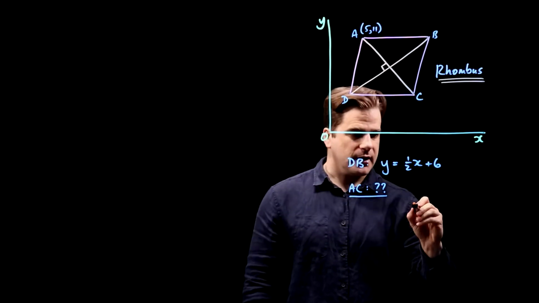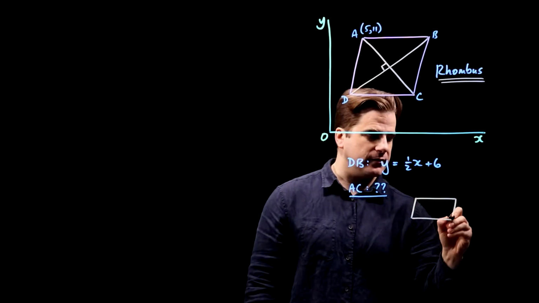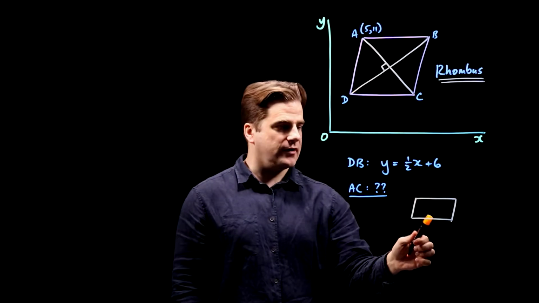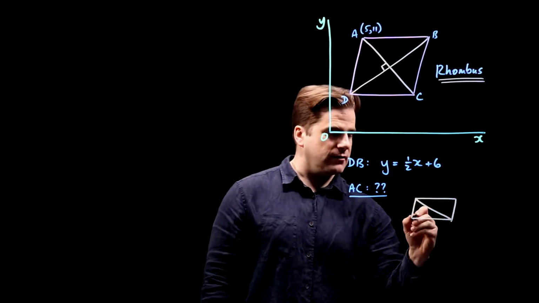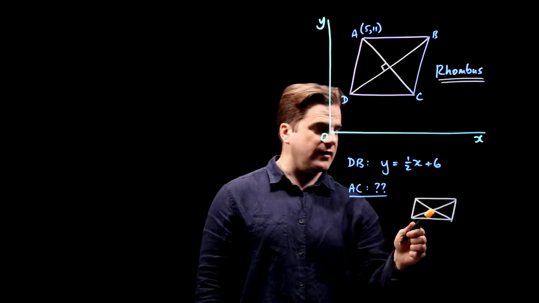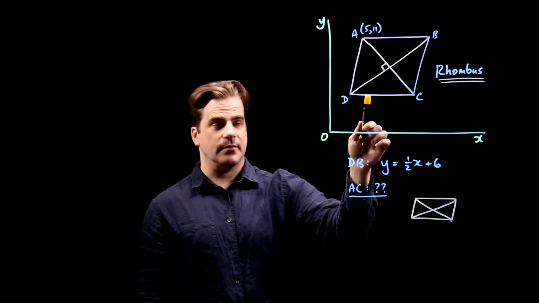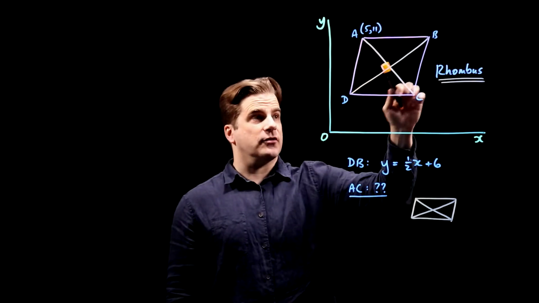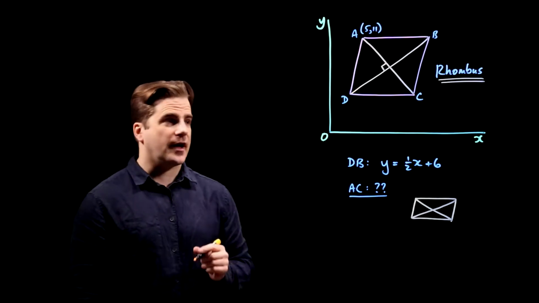If it were a parallelogram, where these two sides are different length to these two, then the diagonals do not cross at right angles. It has to be a rhombus where all four sides are the same for the diagonals to cross at right angles.